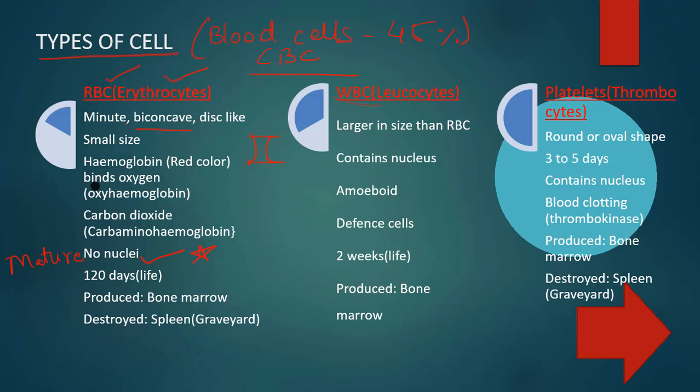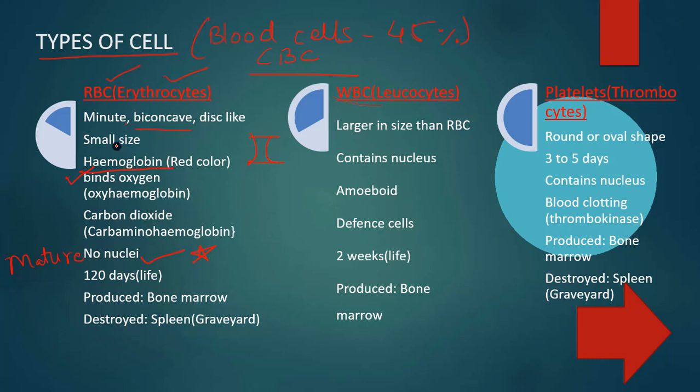We studied in the chapter on respiration that the exchange of gases takes place at the surface of the alveoli, and once the oxygen enters the blood vessel, it binds to hemoglobin. It requires a carrier. Like if we want to go to a far distance, we will require a vehicle. In the same way, oxygen cannot transport on its own. It requires a vehicle, and the vehicle is hemoglobin.